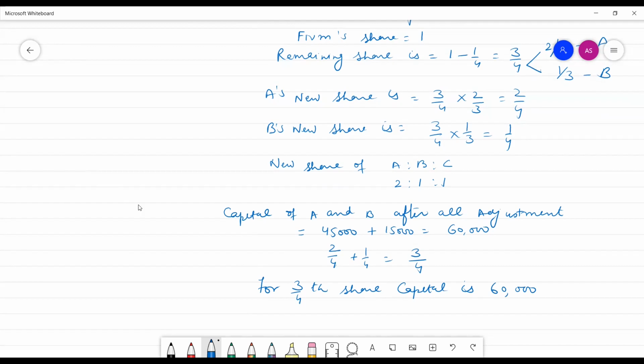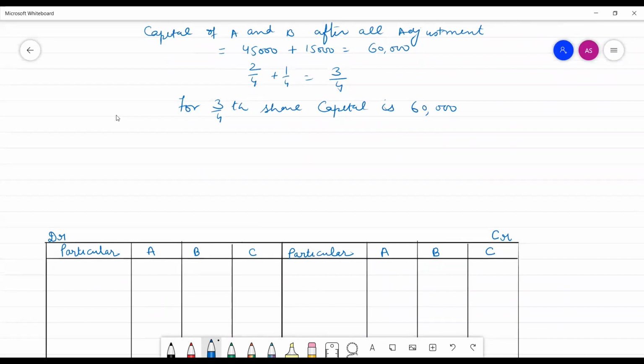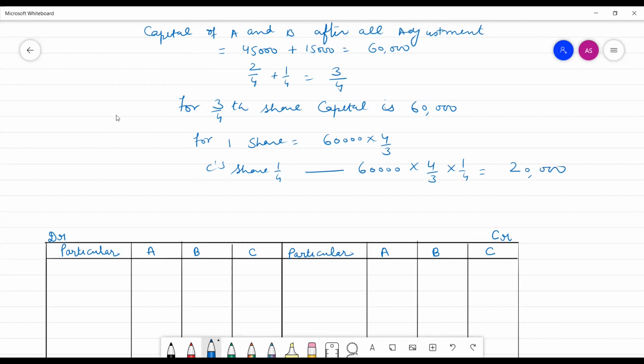For one share, the capital is 60,000 into 4/3. C's share is 1/4. For 1/4, the capital is 60,000 into 4/3 into 1/4, that is 20,000. It means C's capital is 20,000.